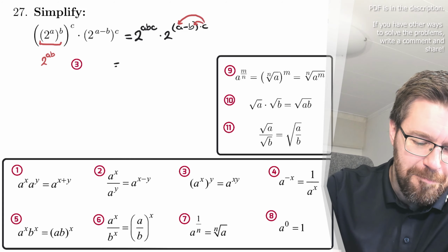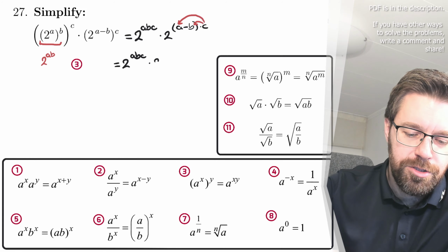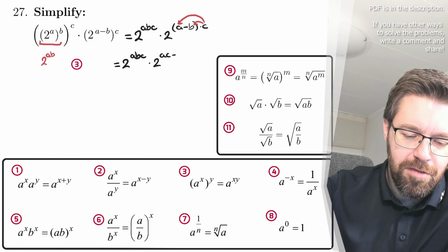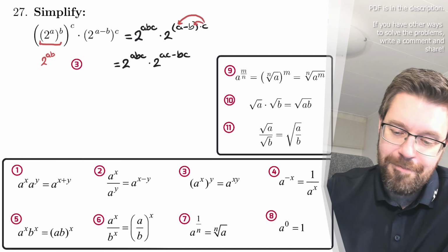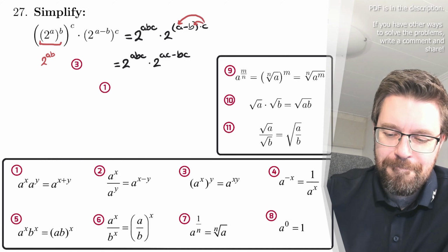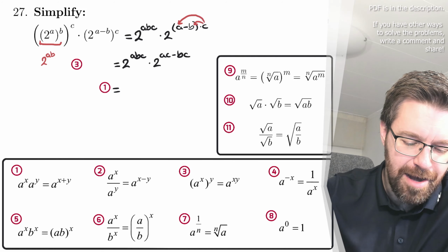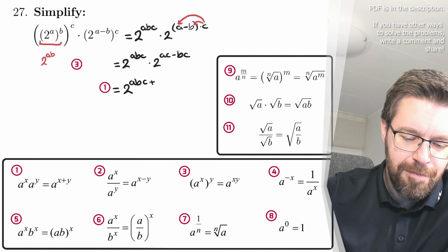So this will be 2 raised by abc times 2 raised by ac minus bc. And then we can use rule number 1 and add the exponents. So final answer must be 2 raised by abc plus ac minus bc.